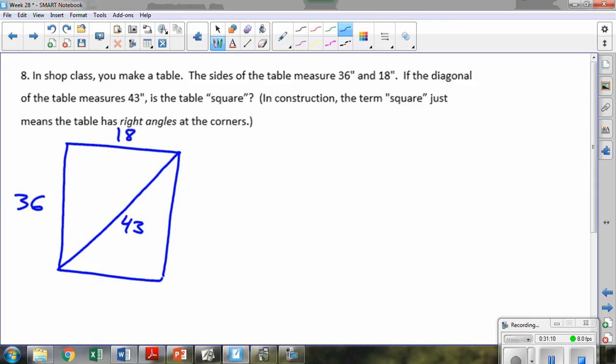Please note that's not saying, is the table a square? Because obviously with 36 and 18, the shape is not a square. In construction, though, square is a term that means it's a 90-degree angle. You've got 90-degree corners. So this problem is asking us, is this a 90-degree angle? Yes or no?